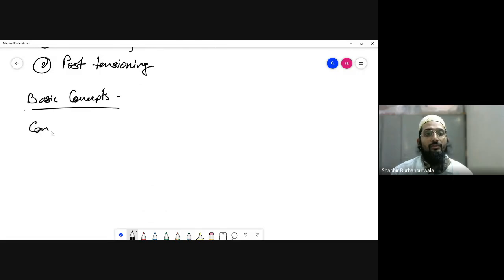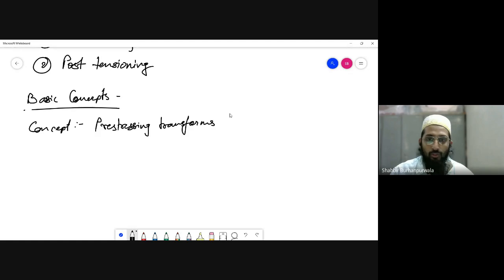So, first concept is pre-stressing transforms concrete to elastic material. This is your concept number one. Pre-stressing transforms your concrete to elastic material.